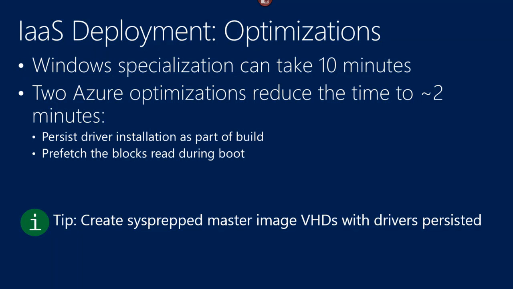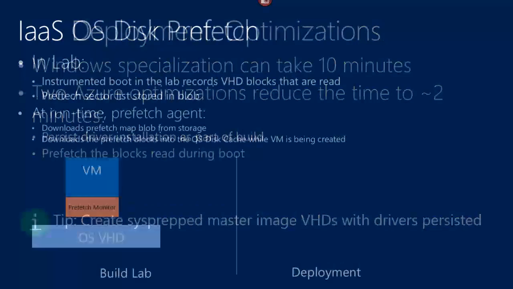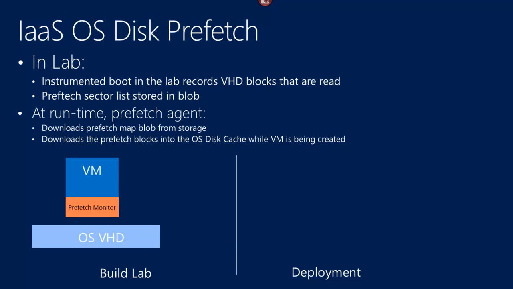The other is one that we take advantage of for our platform images. We don't make it available to you at this point. Maybe in the future we will as part of Windows. We create prefetch files. Let me talk about our prefetching optimization, which is really cool. What we do in the lab is boot the VMs. So we got a new version of Server for the month of May.